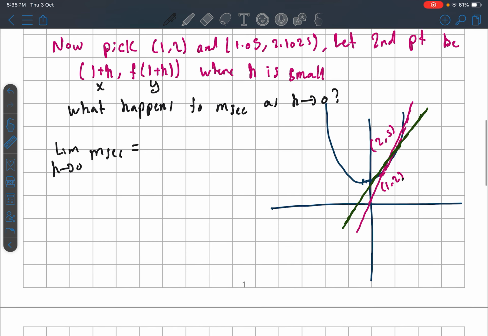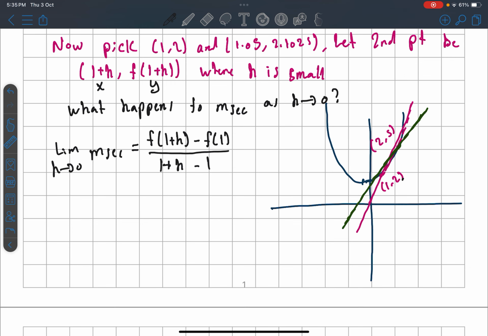So we write f(1 plus h) minus f(1), where we replace the x by 1, over 1 plus h minus 1.